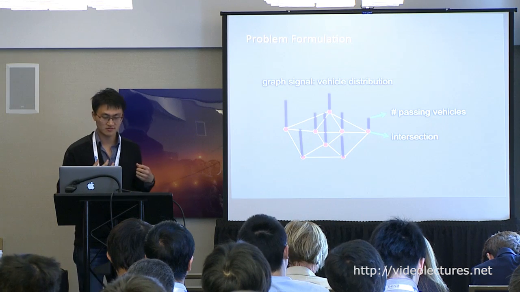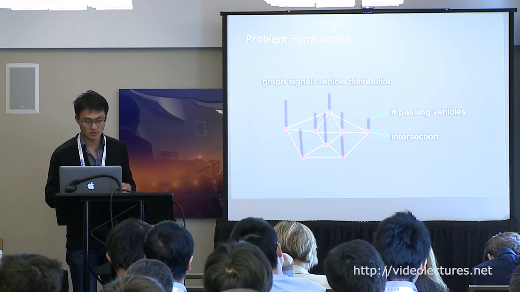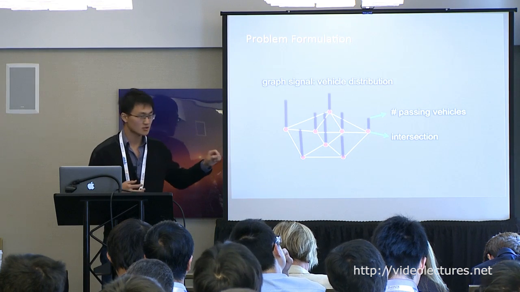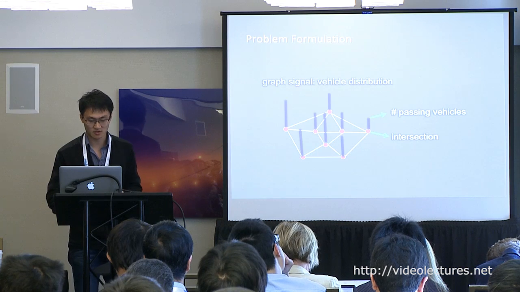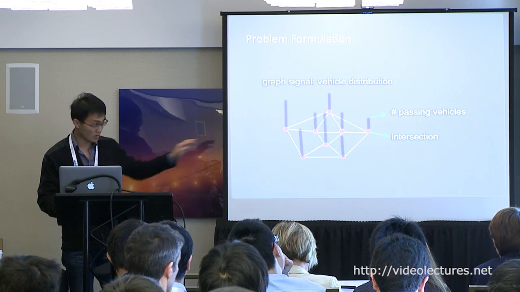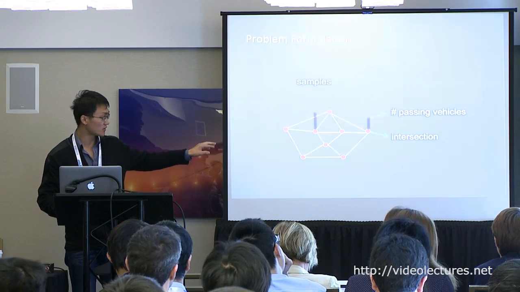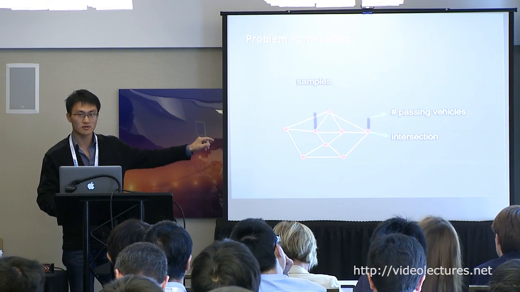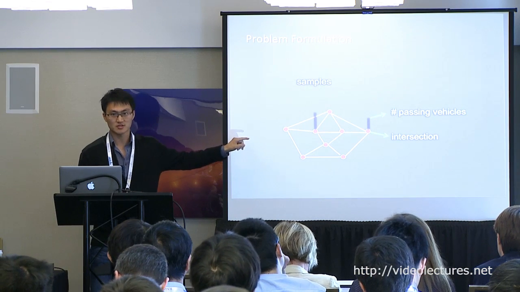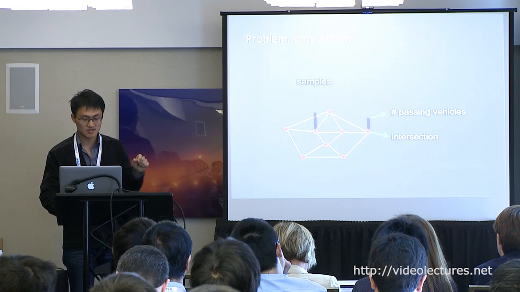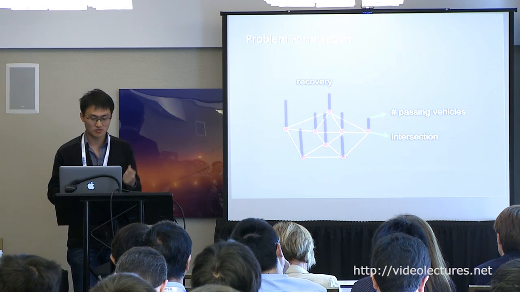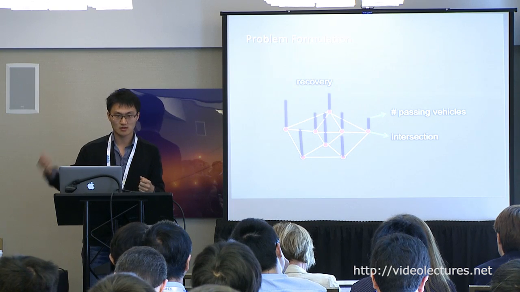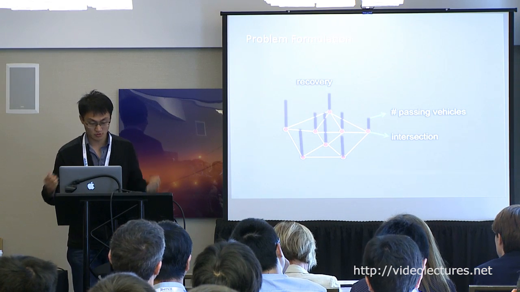Let's formulate this vehicle distribution as a graph signal, where nodes are intersections, and the signal on each intersection is the number of passing vehicles, which is the ground truth here, but we don't know it. We only know data from a few intersections. The task is, can we recover as much as we can to approximate the original data, the original ground truth?